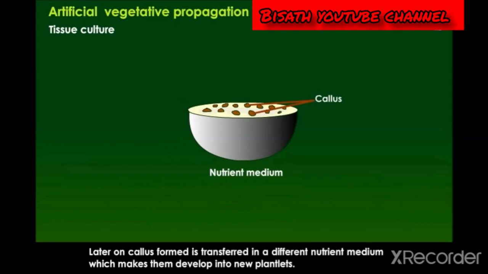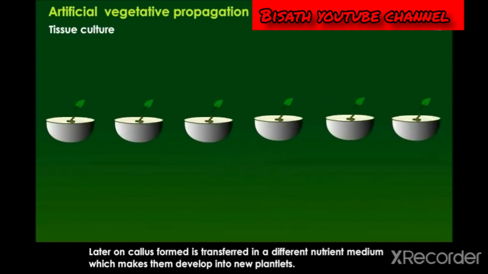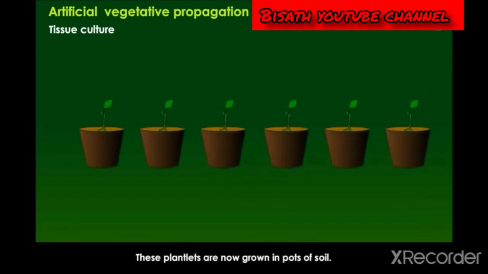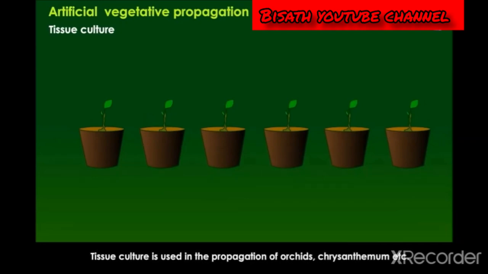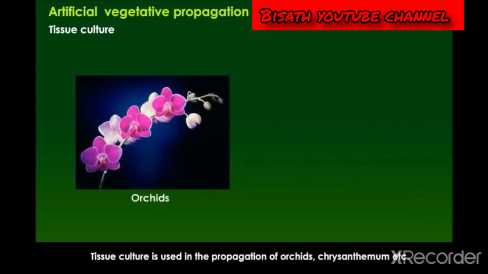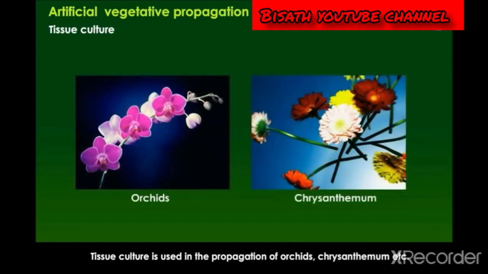Later on, the callus formed is transferred to a different nutrient medium, which makes it develop into new plantlets. These plantlets are now grown in pots of soil. Tissue culture is used in the propagation of orchids, chrysanthemum, etc.